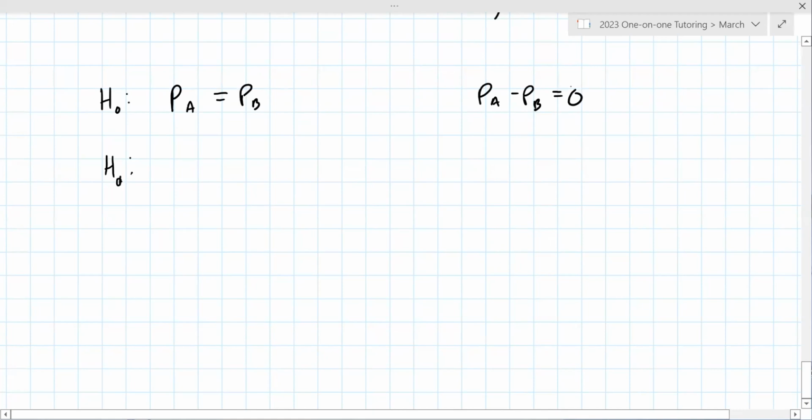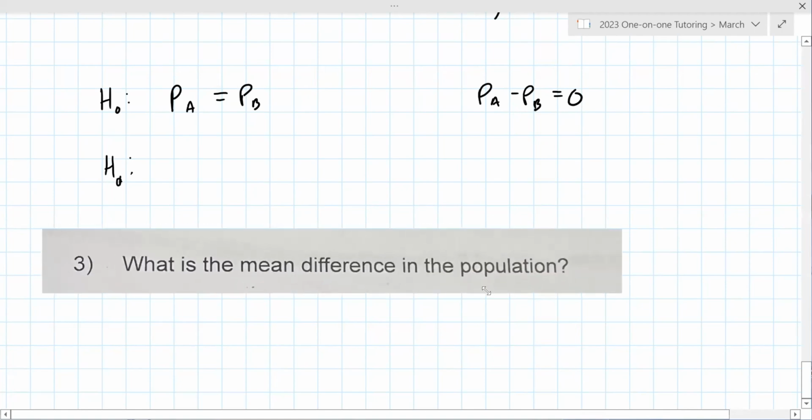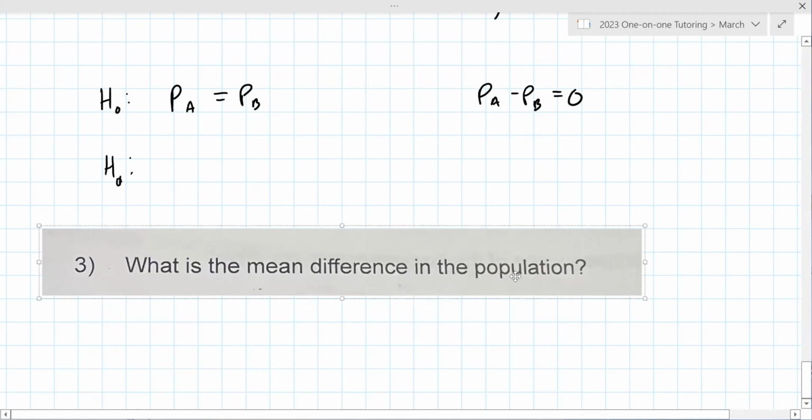And what that means is that there is no difference between the populations. And that's kind of where I'm leading for the answer to number 3 here. What is the mean difference in the population? However, it could literally mean go get the proportion from A and subtract the proportion from B. It's not written well for me to tell you which it is. Like 38 over 61 minus 49 over 62.